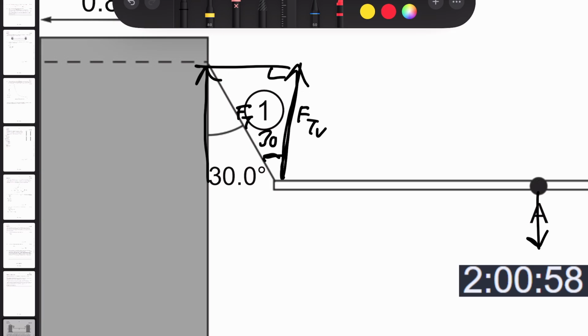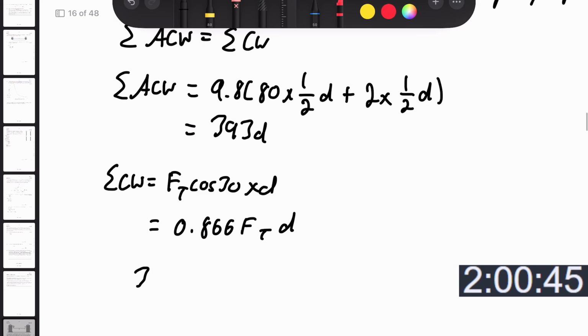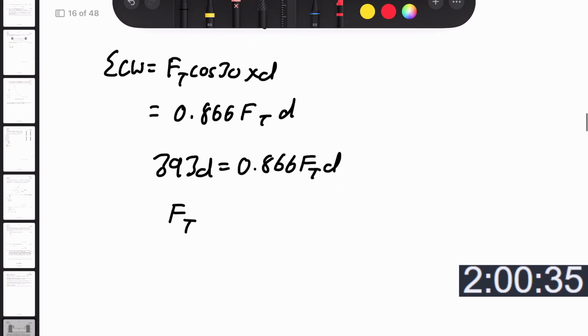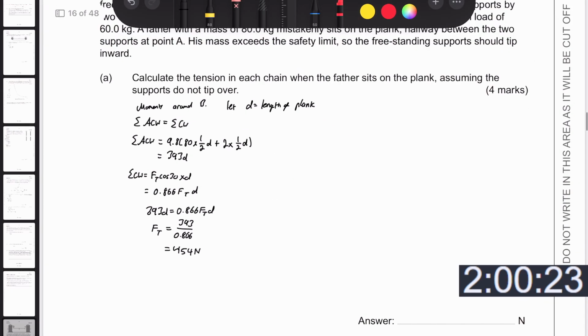I want FTV, so times that, yep. So it's going to equal cosine of 30, which is 0.866 FTD. So then 393D equals 0.866 F of tension D. So then force of tension is going to be 393 over 0.866. So 554 newtons.